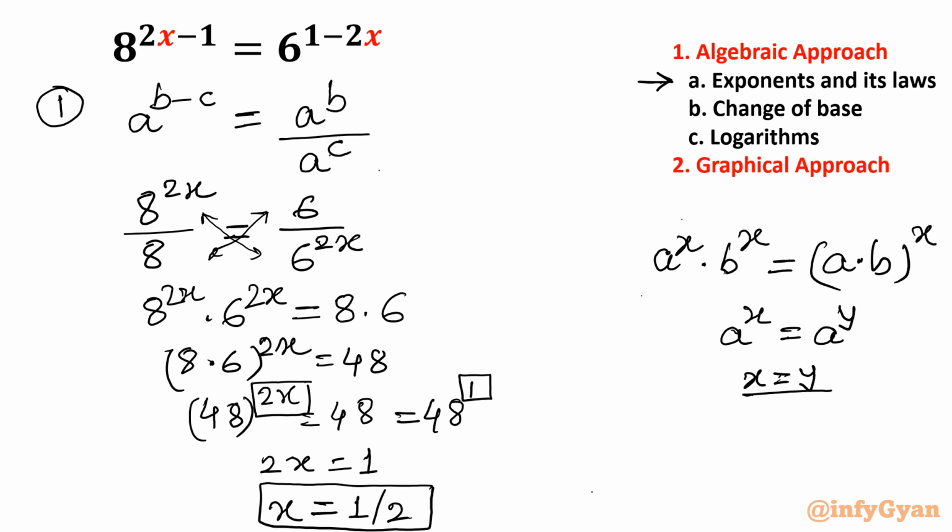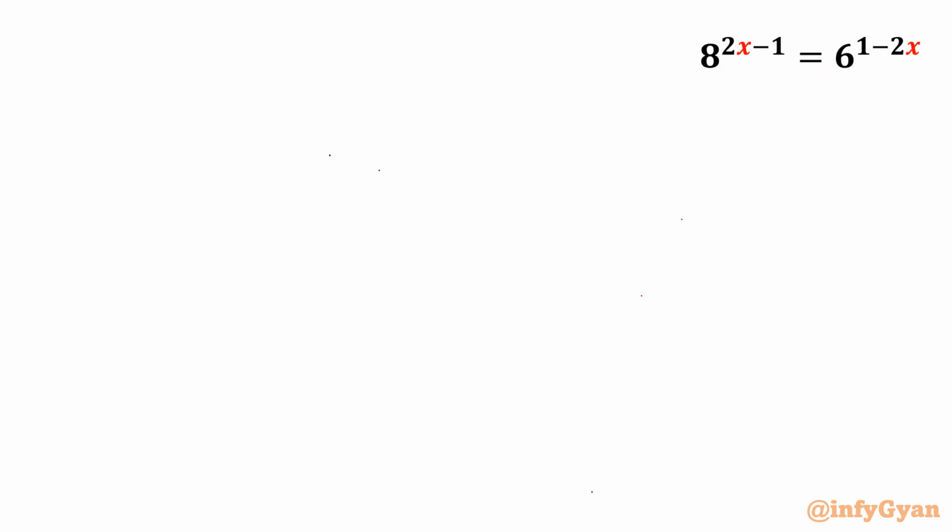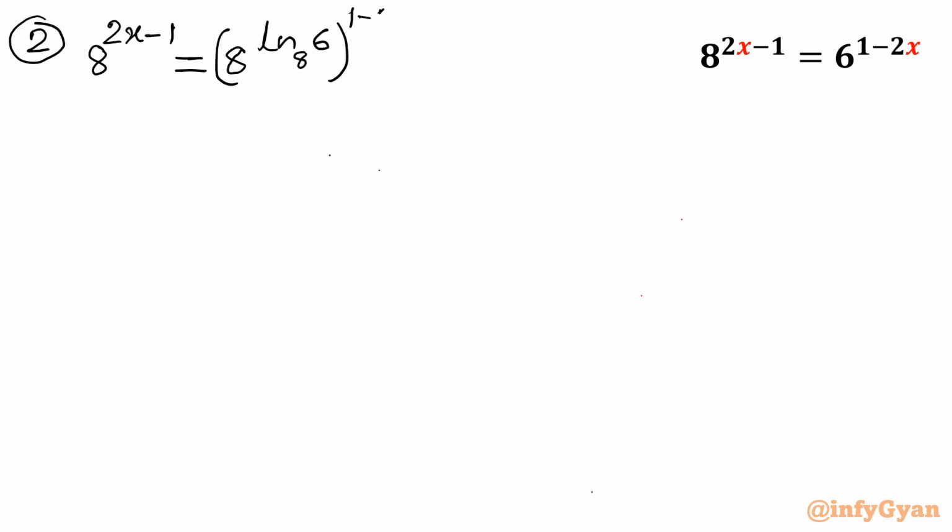Now the second method we will pick, that is change of base. So let me write the second method, change of base. I will write 8 power 2x minus 1. Now the right side is base 6, so let me convert that base into base 8. How will it happen? I will write log base 8, then ln, same base, then that number 6 whole power, the power 1 minus 2x.